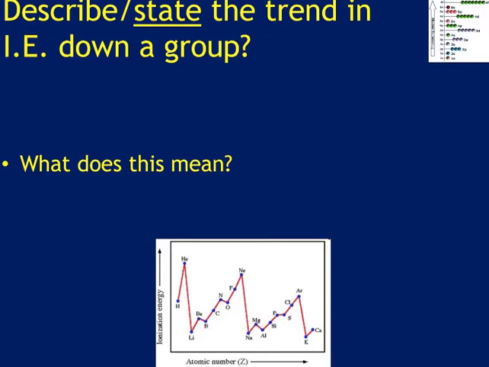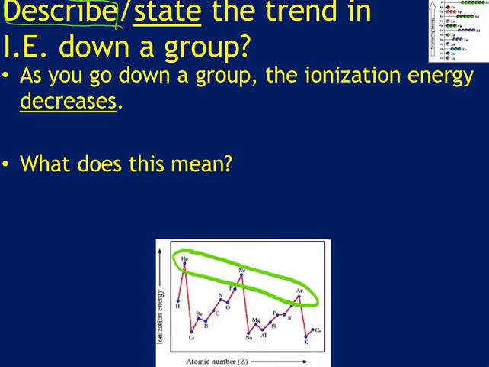So you have this written in your book. It says state the trend in ionization energy down a group, and I've put in the extra word describe because that could be a word that the SEC use in a question. So describe the trend in ionization energy down a group, and this is our down a group here. So as you go down a group, our ionization energy decreases.